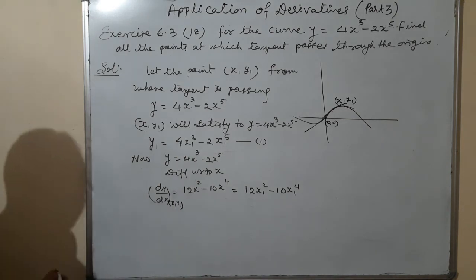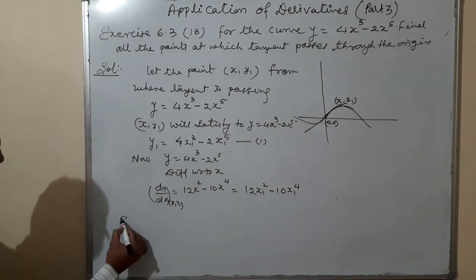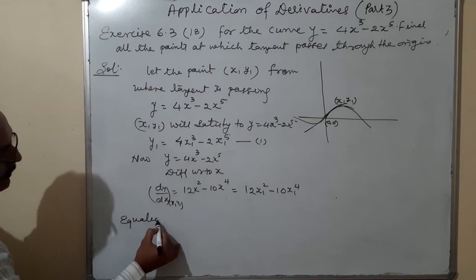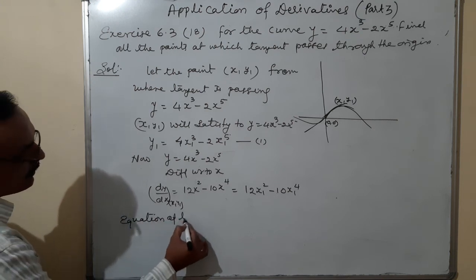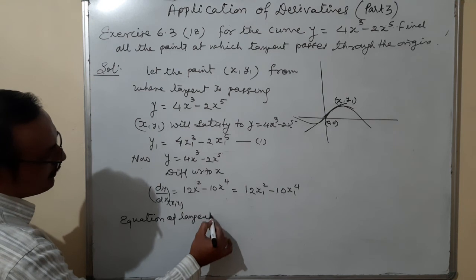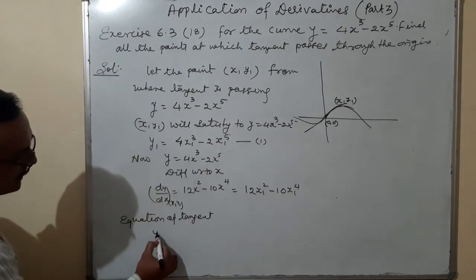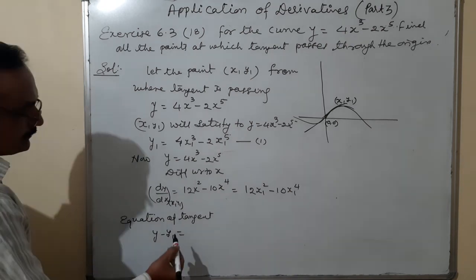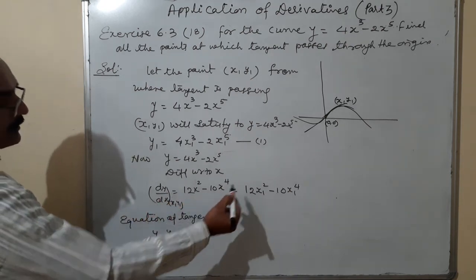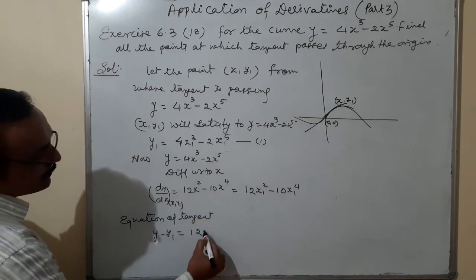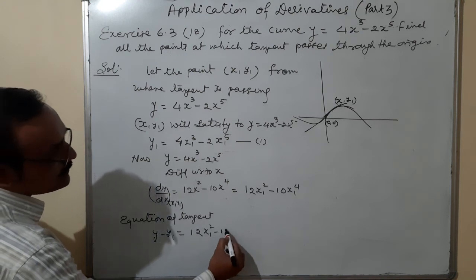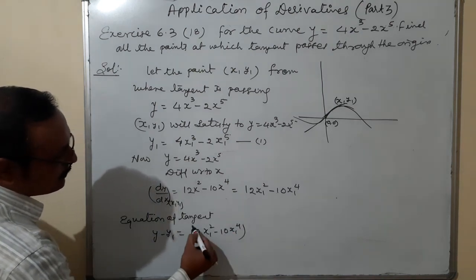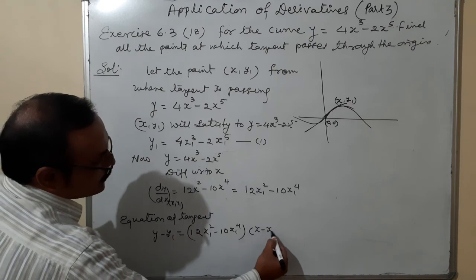Equation of tangent: y minus y1 is equal to gradient, the gradient is 12x1 square minus 10x1 to the power 4, times x minus x1.